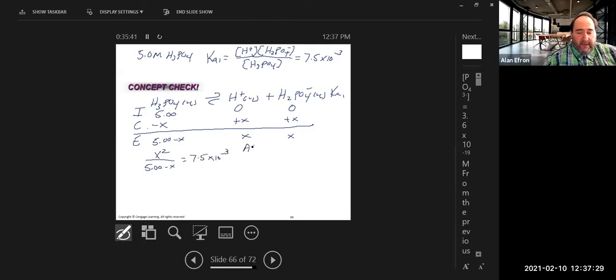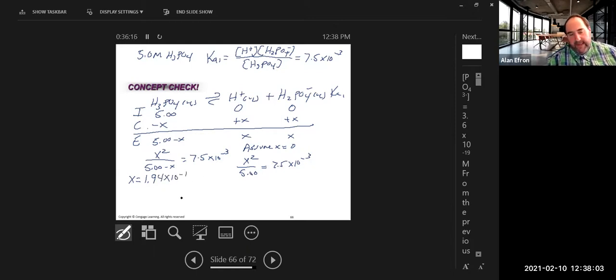We're going to give it a go and assume that x is small compared to 5. That will give us x squared over 5 is equal to 7.5 times 10 to the minus 3. And if we do that, we got 5 times 7.5 times 10 to the minus 3. We want to make sure we take the square root of it. And it looks like we end up with an x value of 1.94 times 10 to the minus 1.